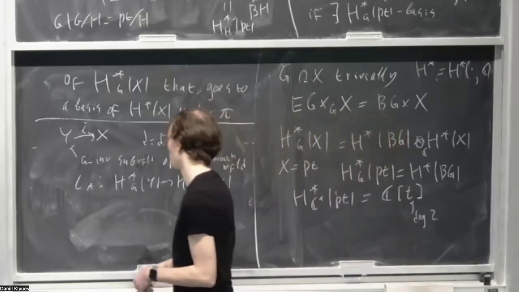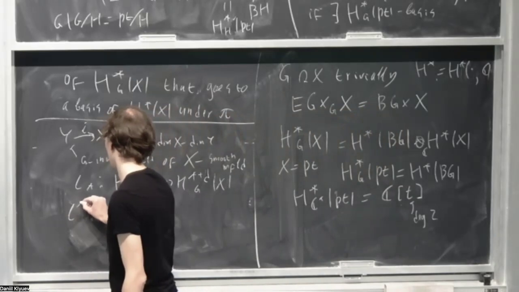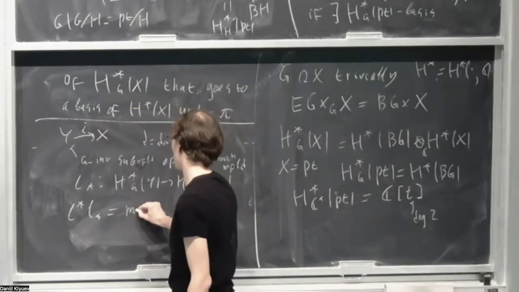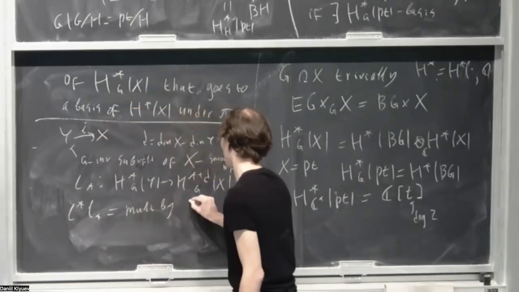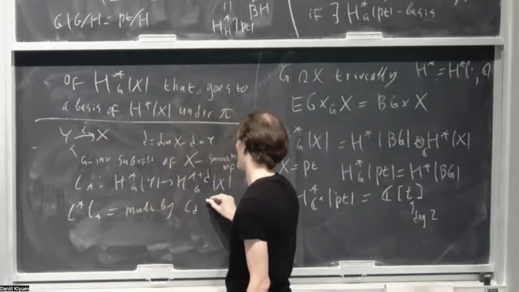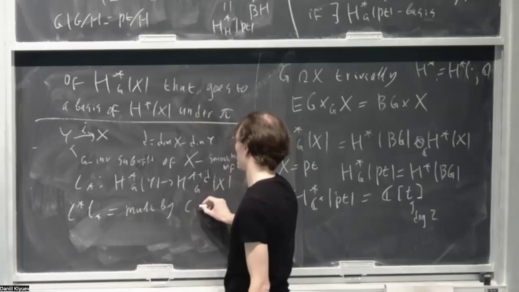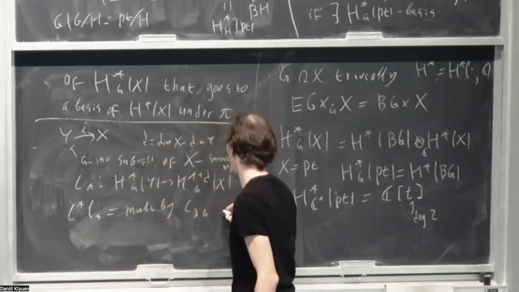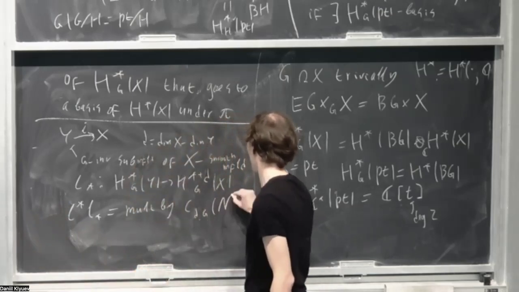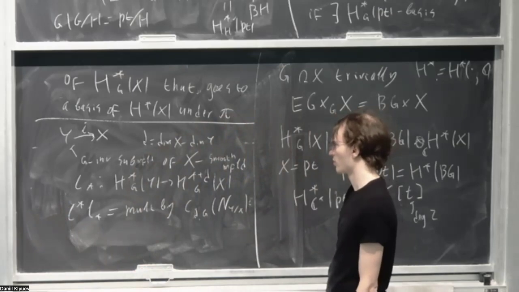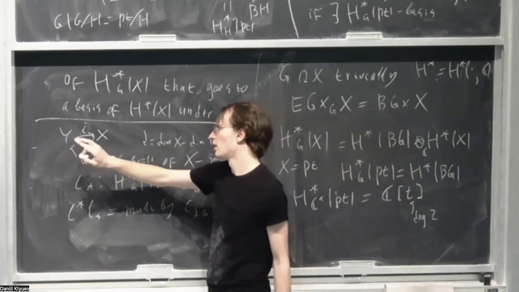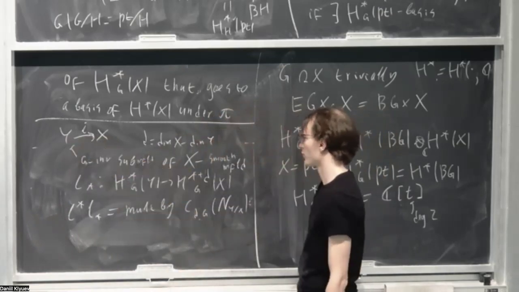The only property I'll use is that pushforward and then pullback is multiplication by the top Chern class of the normal bundle of Y in X. Since Y is a submanifold, we can consider the normal bundle, the quotient of tangent bundles.